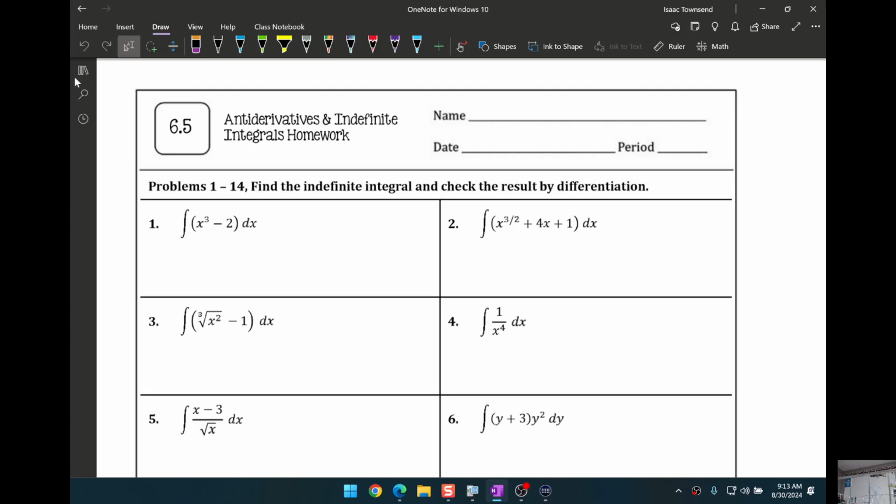Number 22. The answer is sine x plus 5x. No. What is it? Sine x plus 5x. That's right. Number 23, over natural log.